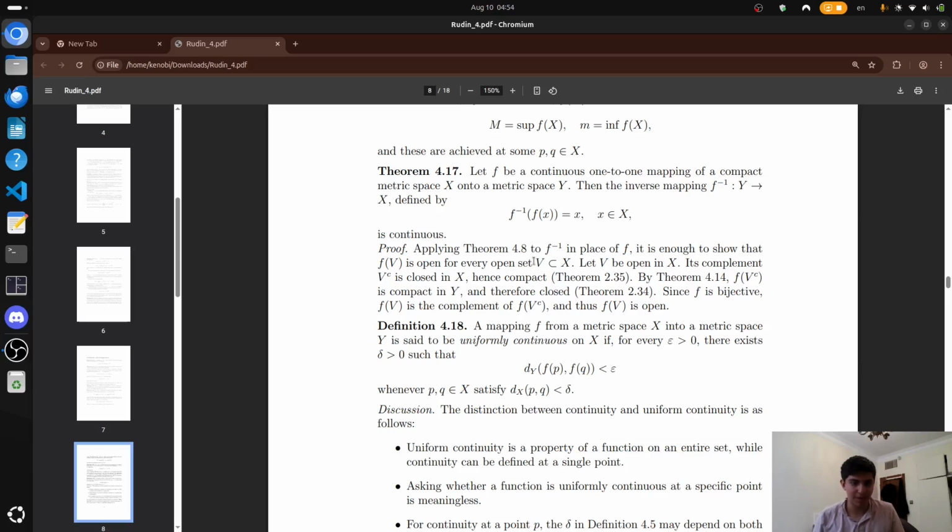So the strategy over here: you know that it's compact and it's a continuous one-to-one mapping, and you know that for each f inverse, when you take open sets, you're going to get open sets, and if you take closed sets, you're going to get closed sets.